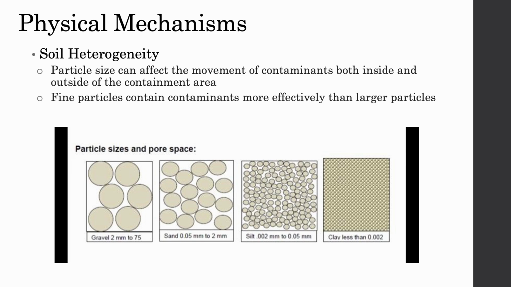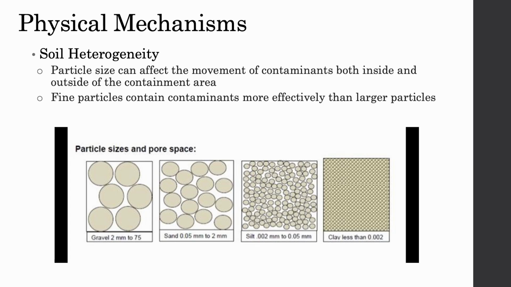As I said, fine particles contain contaminants more effectively than larger particles, so something that we'll also talk about later on is a form of ground modification where soil is compressed to decrease that pore space. So even if you have silt, if you apply pressure on top of it, it's going to decrease that pore space and keep those contaminants stuck in there, keep them from migrating.